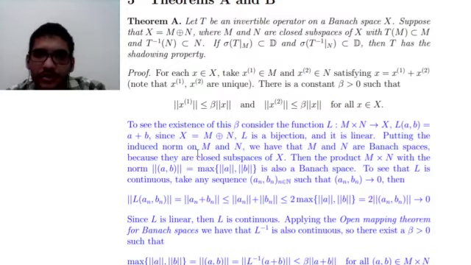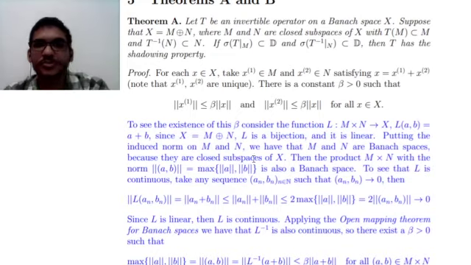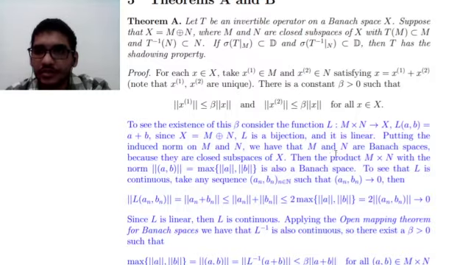Putting the induced norm on M and N, we have that M and N are both Banach spaces because they are closed subspaces of X, okay? Then the product M times N with this norm is also a Banach space.